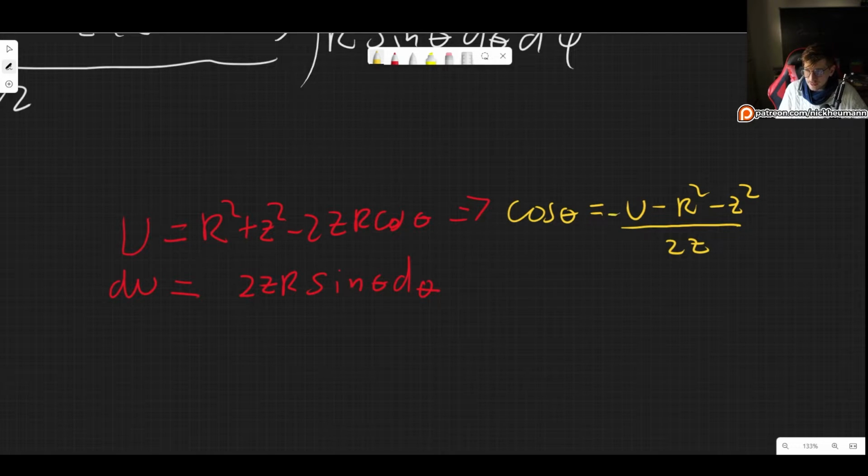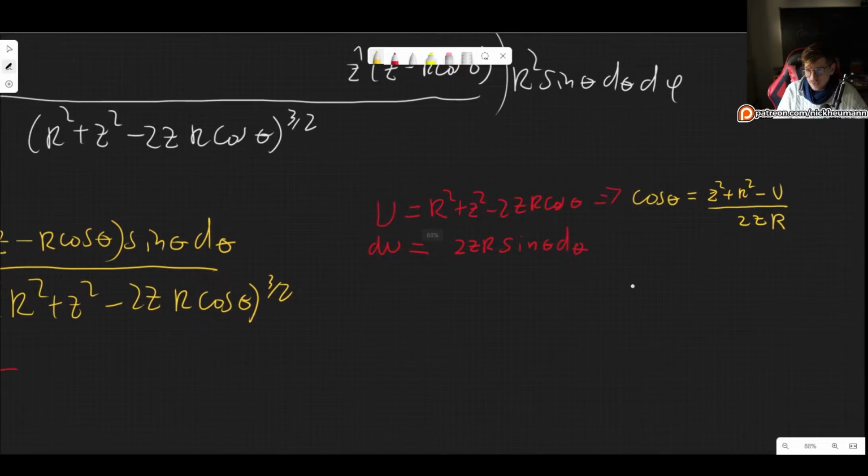So we actually get minus, these signs are changed, so we get z squared plus r squared minus u. There we go, right? Just double checking, so we have r squared plus z squared minus u divided by 2z. By 2zr. Okay, we almost forgot about the r. Good thing we checked. So divided by 2zr.